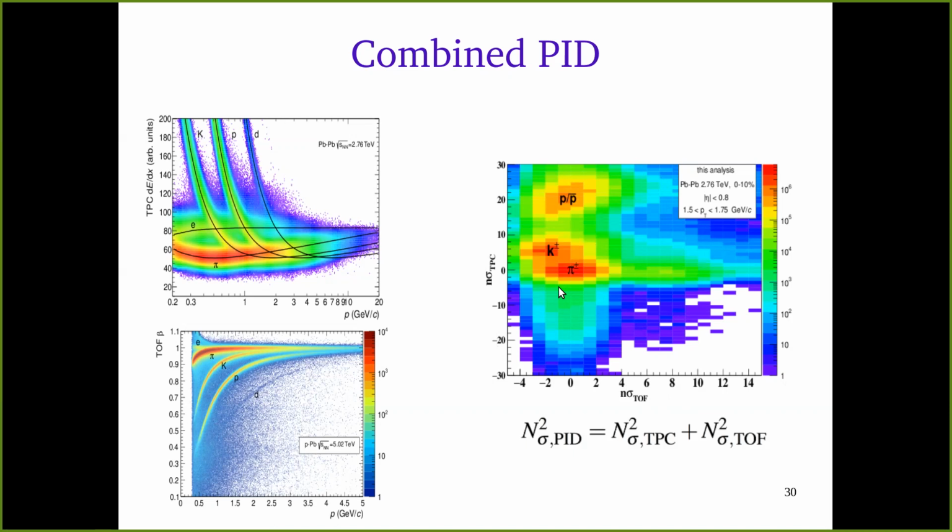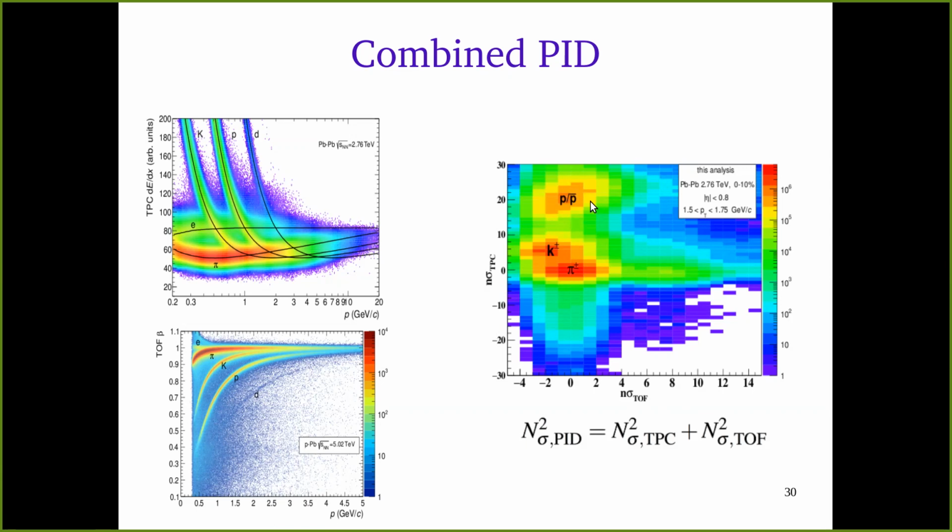These n sigmas are calculated relative to pion, so that's why pion is located at 0,0. When I plot this, you see three different regions, which you can separate with the naked eye.